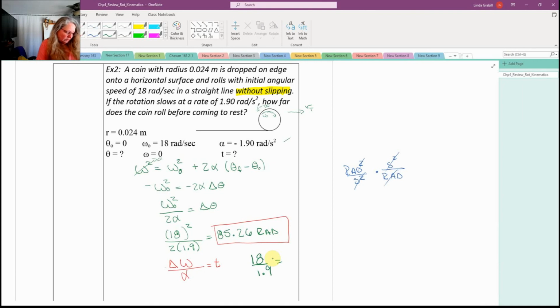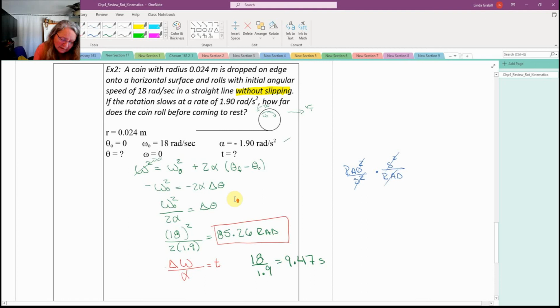All right, we get 9.47 seconds. Okay, so now pause. How are we going to get to how far did the coin roll? Pause and come back.